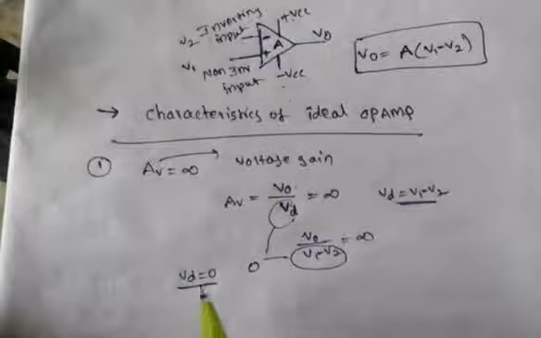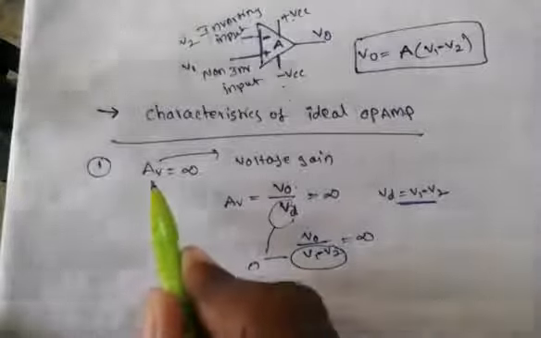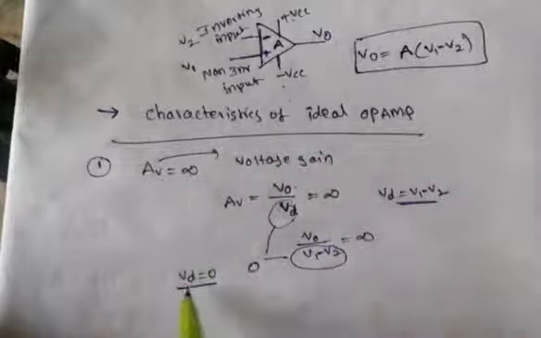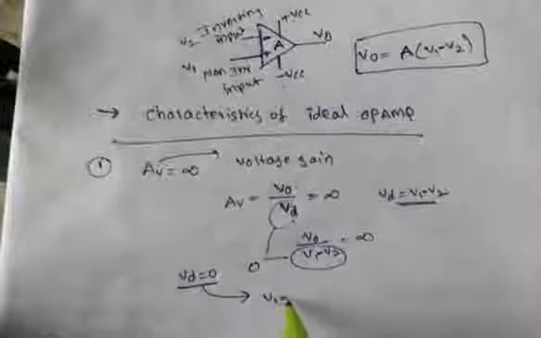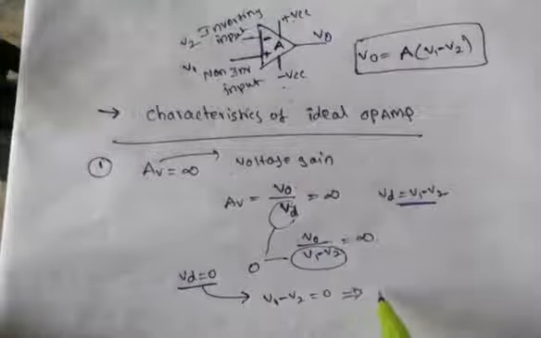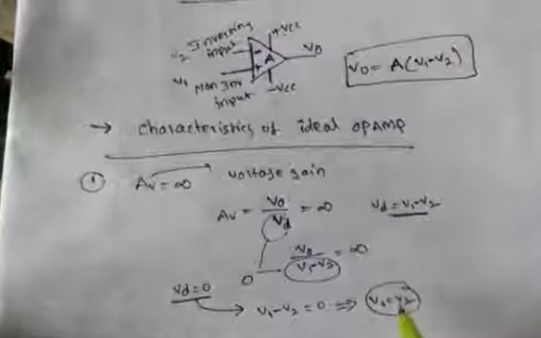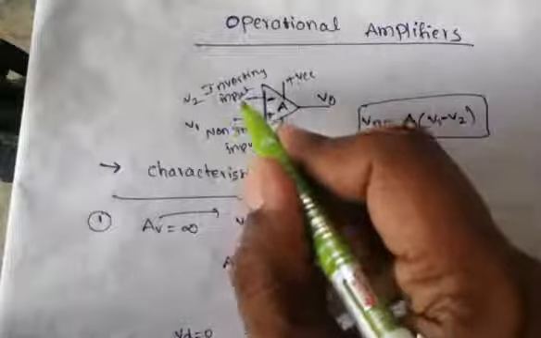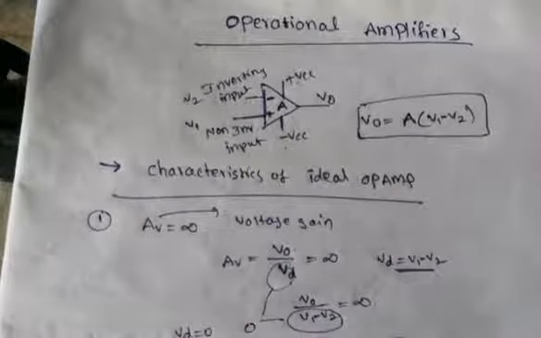If VD is equal to 0, that is, the differential voltage is 0, then only will we get the voltage gain as infinity. VD means the difference between the two input signals. So V1 minus V2 is equal to 0, and from that we can say V1 is equal to V2. Means the two potentials of an ideal operational amplifier must be equal.